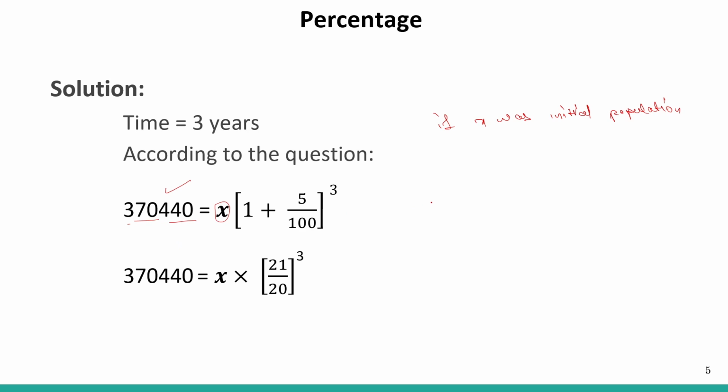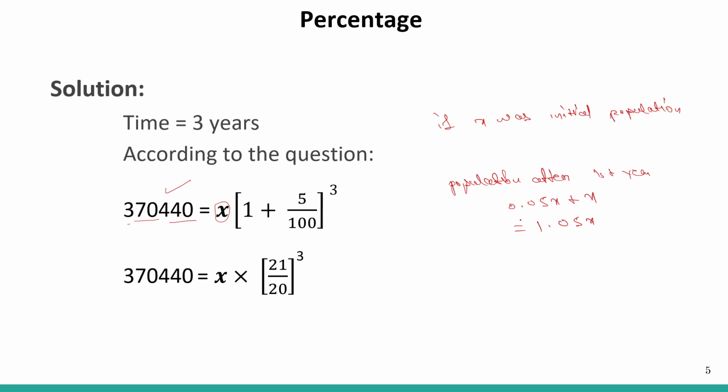How? Because if X was the initial population, the population after the first year will be 0.05 X plus X, which is equal to 1.05 X.